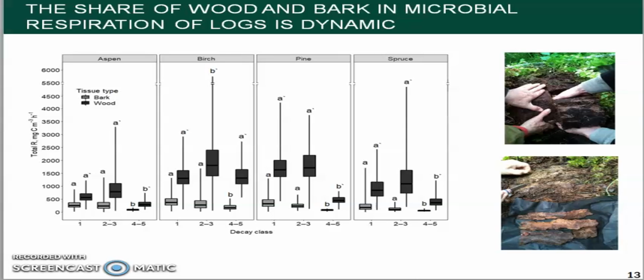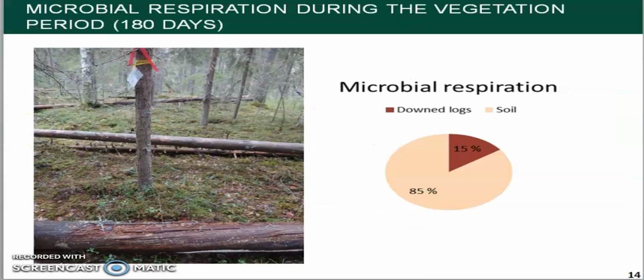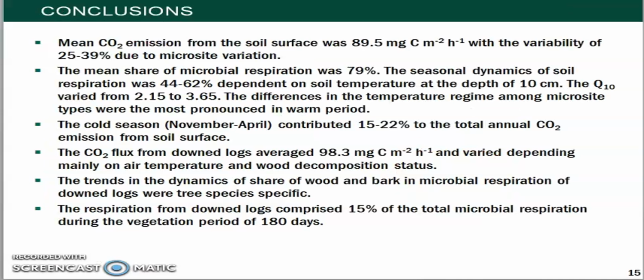So our results show that the share of bark and wood in the total CO2 flux depends on tree species and the degree of decomposition. Altogether, down logs contribute on average 15% to the total microbial respiration in this ecosystem type during the vegetation season.